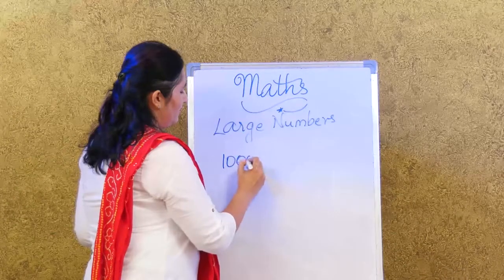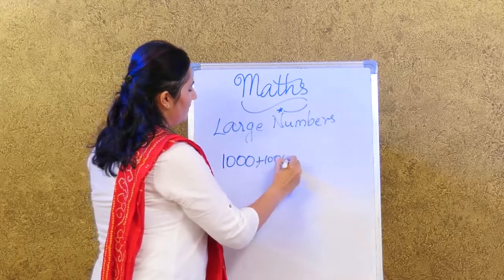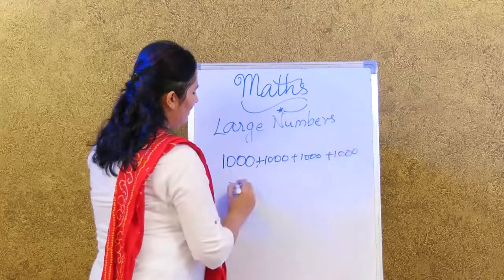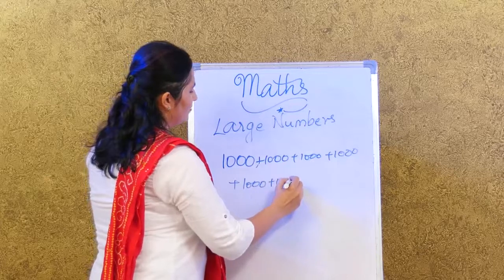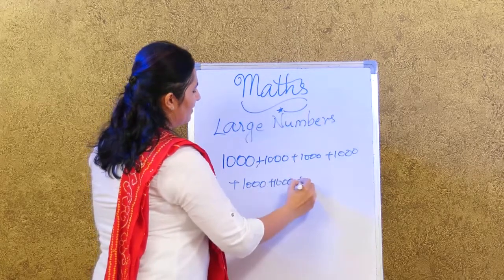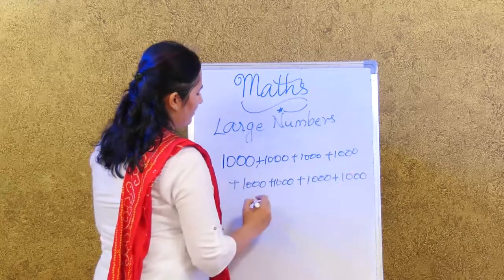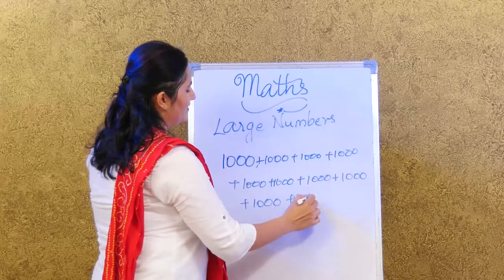So, 1000 plus 1000 plus 1000 plus 1000, again plus 1000 plus 1000, plus 1000 plus 1000 plus 1000 plus 1000.